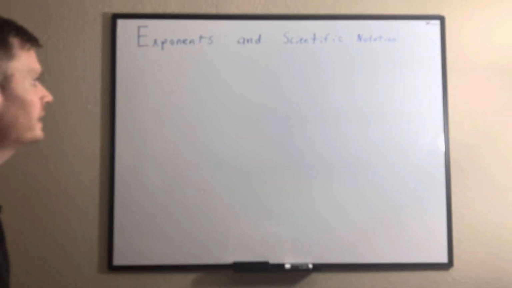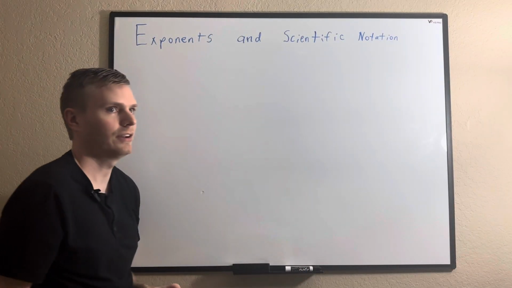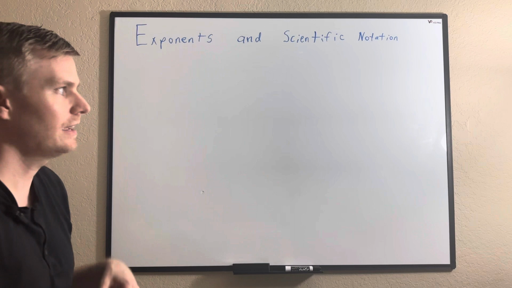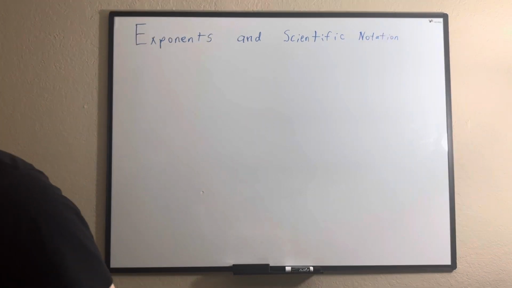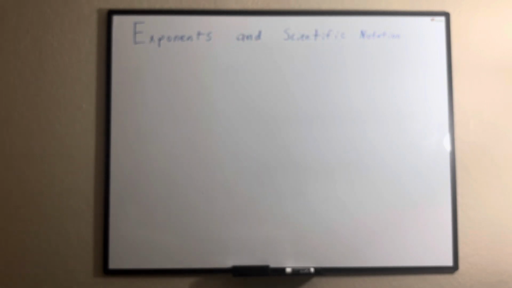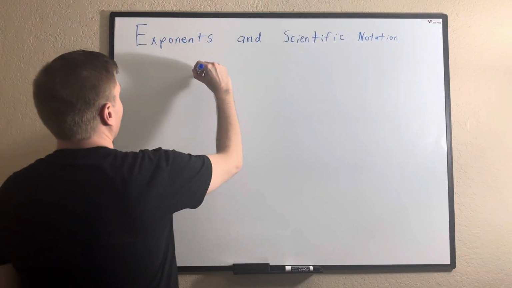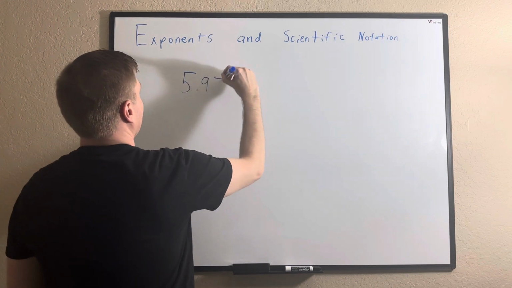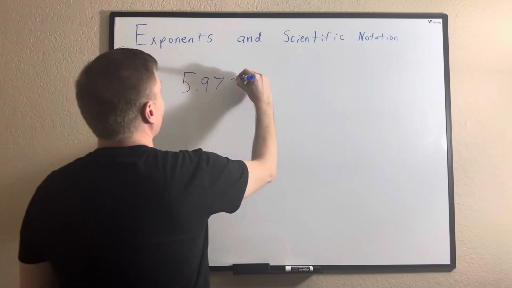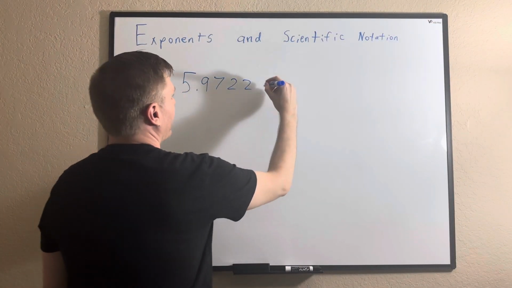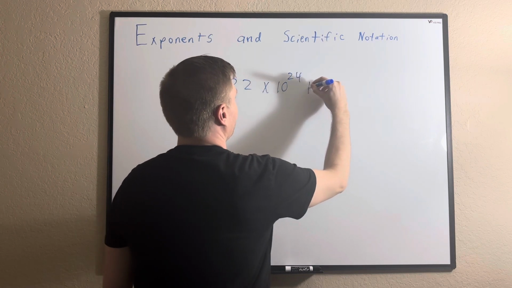But they don't give me an answer with a bunch of commas or anything. They don't say it's such and such gazillion. They give me this: 5.9722, most definitely rounded off, times 10 to the 24 kilograms.